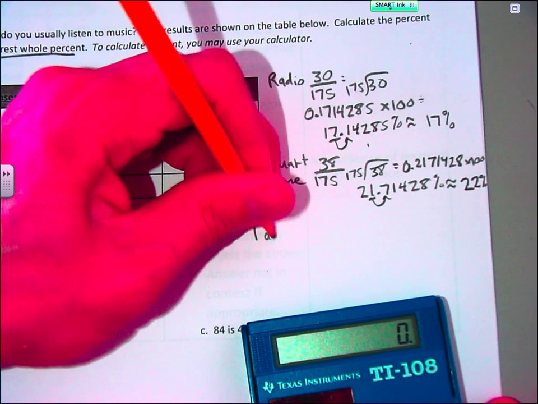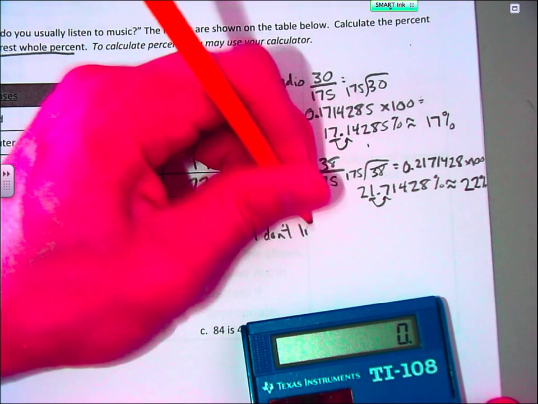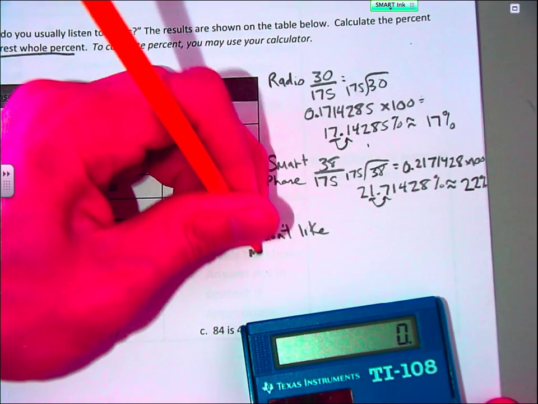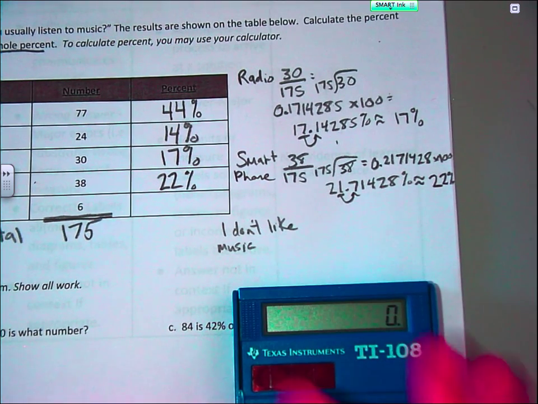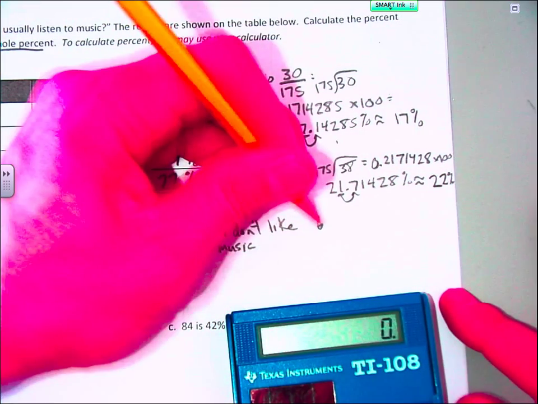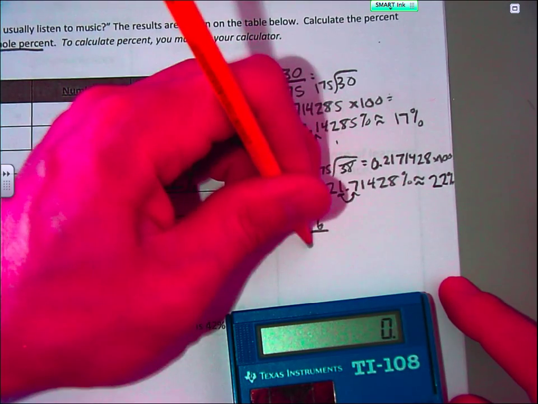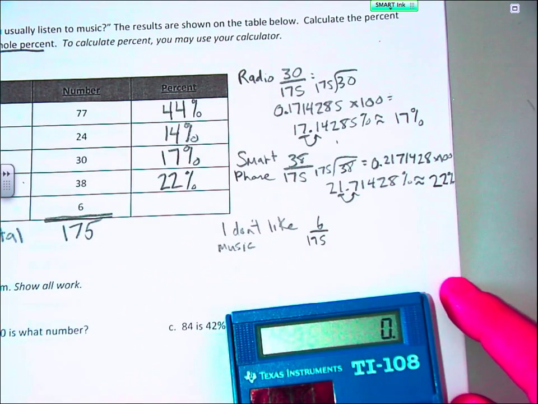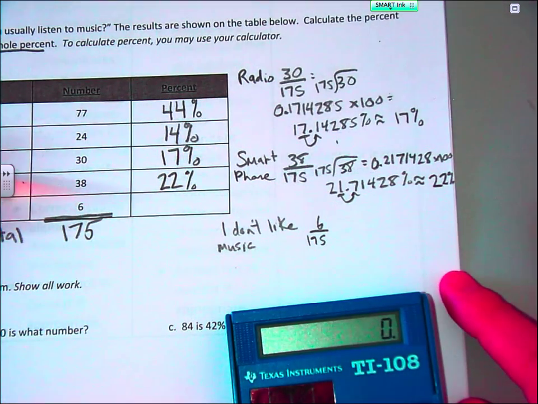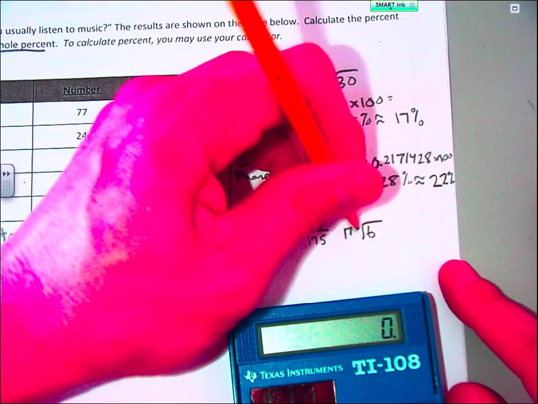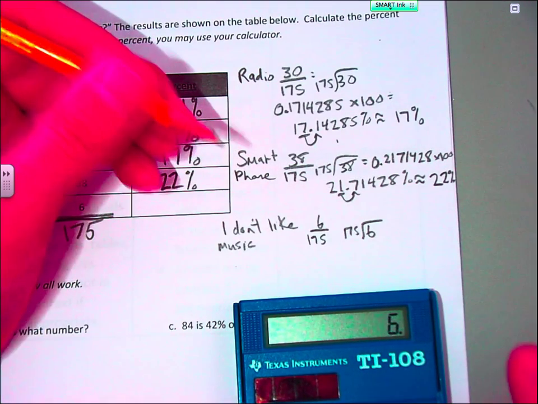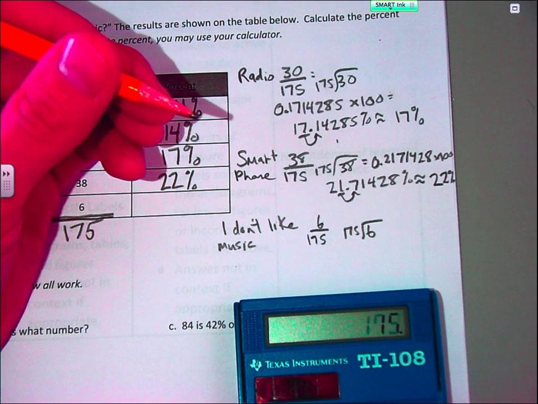Don't like music, or at least I don't like the continental drift music. I take the 6 over 175. I could take the numerator and divide it by the denominator. That's going to turn my fraction into a decimal.